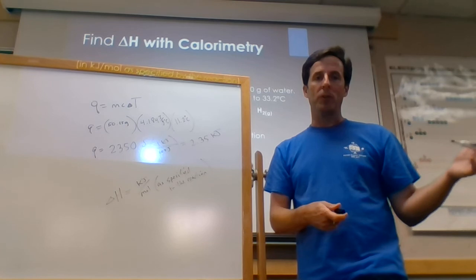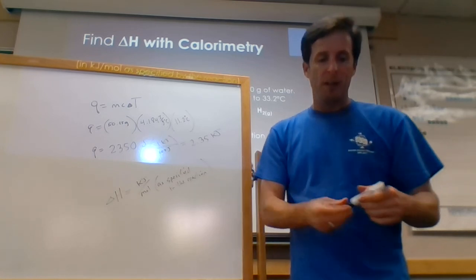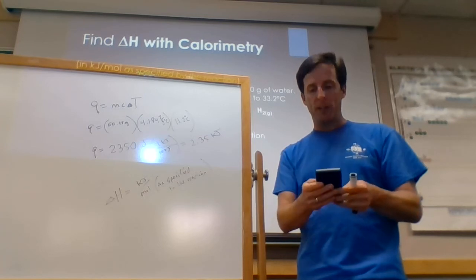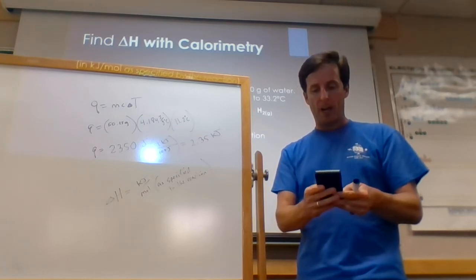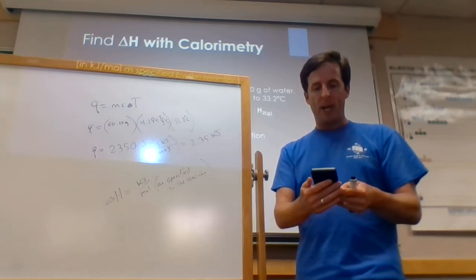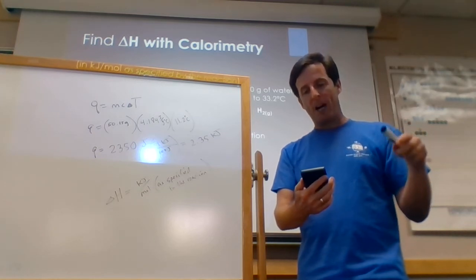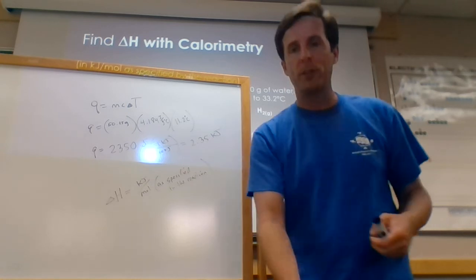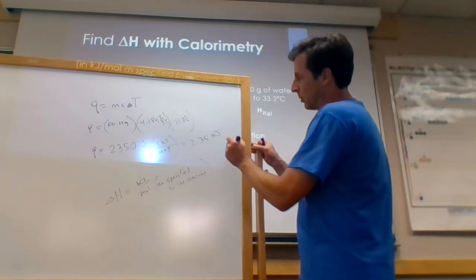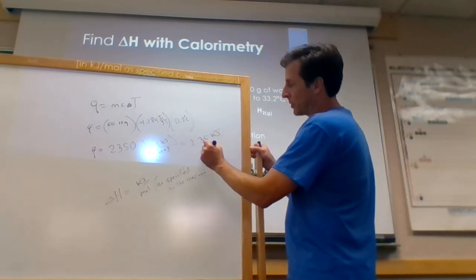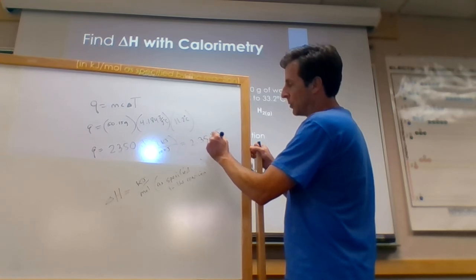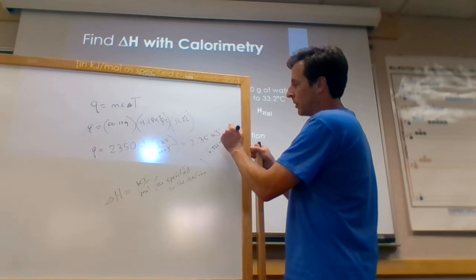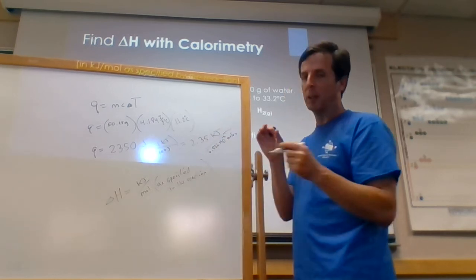So I need to know the moles of sodium. That's going to be 0.15 grams divided by the atomic weight of sodium, which is 23. So let me do that real quick. 0.15 divided by 23 is 6.522 times 10 to the minus 3 moles. So I've got my kilojoules, and I'm going to divide it by the moles, 6.522 times 10 to the minus 3 moles of sodium, which is my limiting reagent.